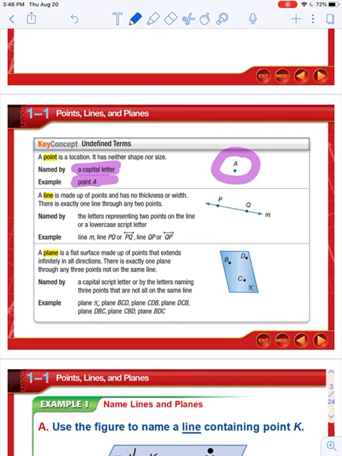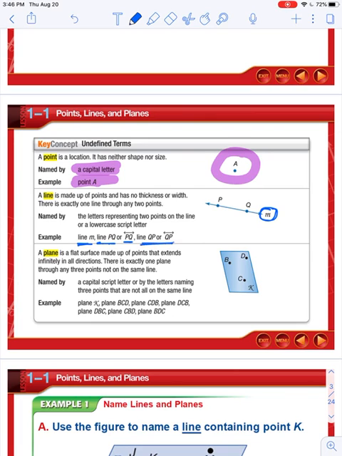Now to name a line, use the letters representing 2 points on the line, so either line PQ or PQ with a line over it, or the lowercase scripted letter or fancy looking letter. So these are the different ways you can name a line.